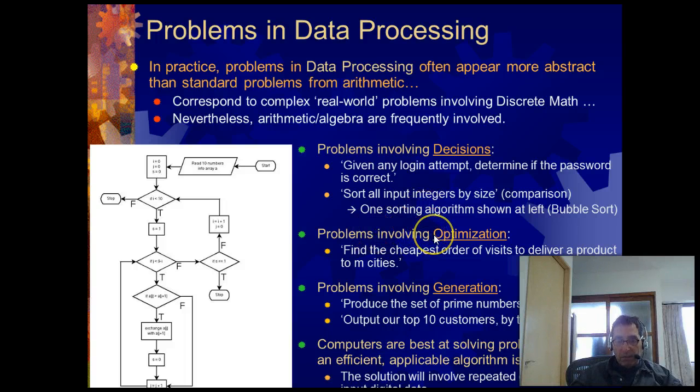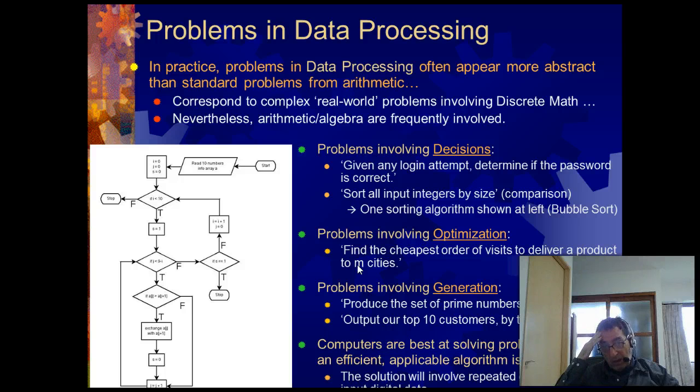Problems involving optimization, another type of problem that we do in data processing and programming. Find the cheapest order of visits to deliver a product to M cities. So you have to travel to M different cities. Like suppose we have to travel to Tokyo, Fukuoka, Oita, and Kyoto.